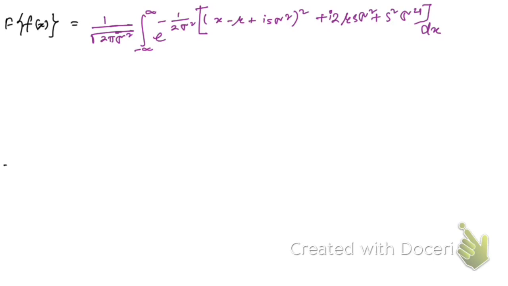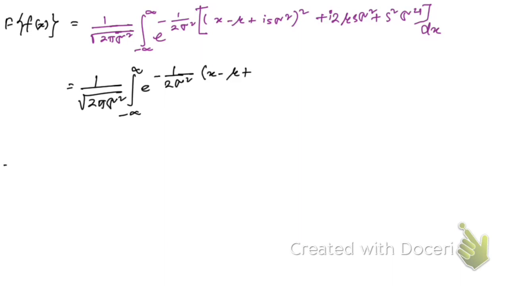So then we're gonna have integration, 1 by root over 2 pi sigma square, integration from minus infinity to plus infinity, e to the power minus 1 by 2 sigma square, x minus mu plus i s sigma square, whole square.